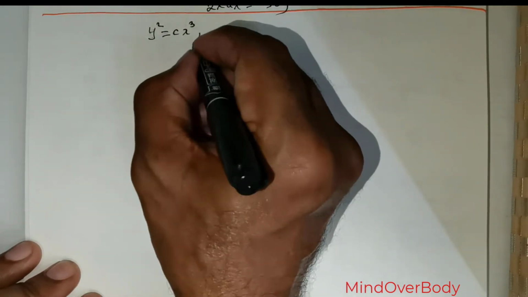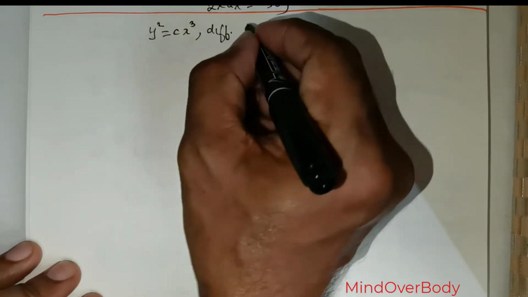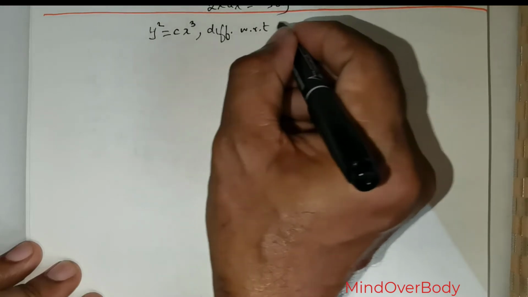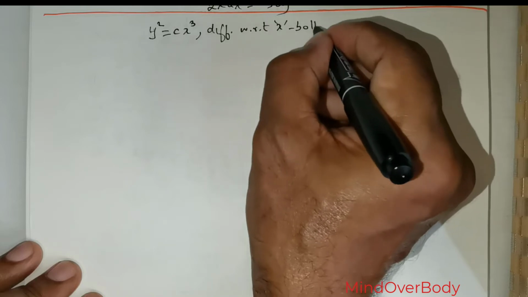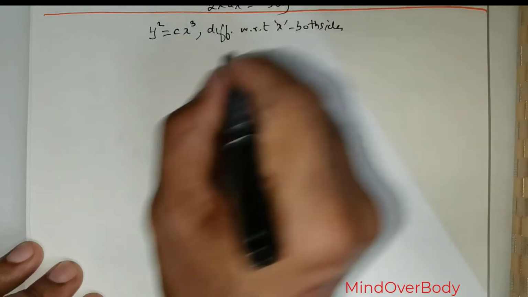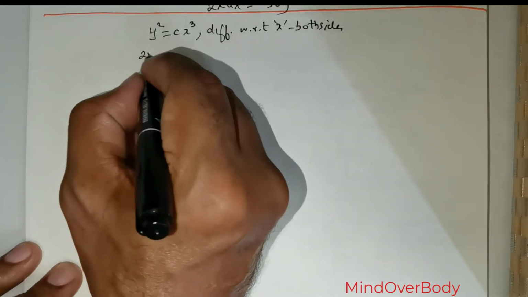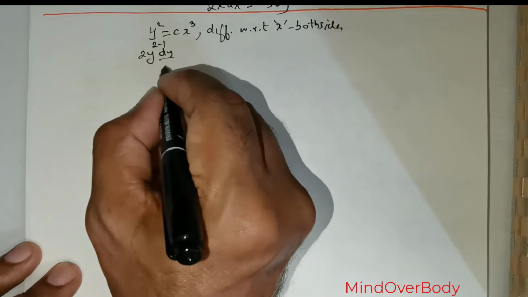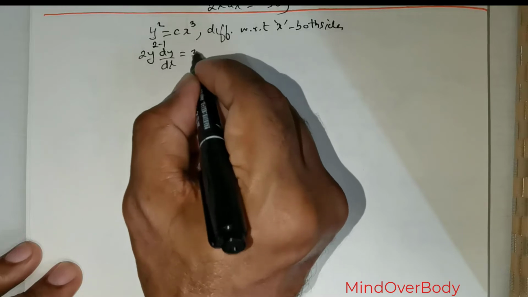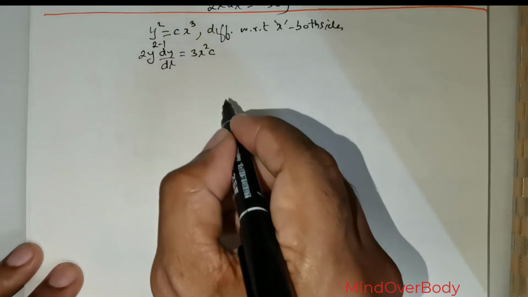Now we will perform the first step, which is differentiating the given equation with reference to x on both sides. If I were to do that, this is going to give me 2 times y raised to the power of 2 minus 1 times dy over dx is equal to 3 times x squared times c.